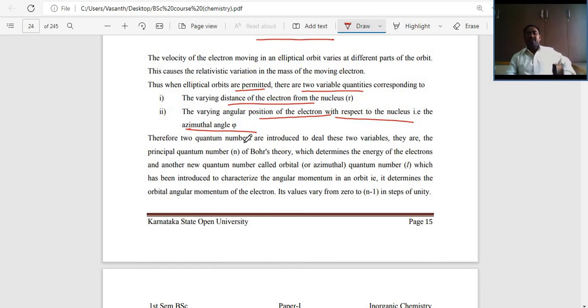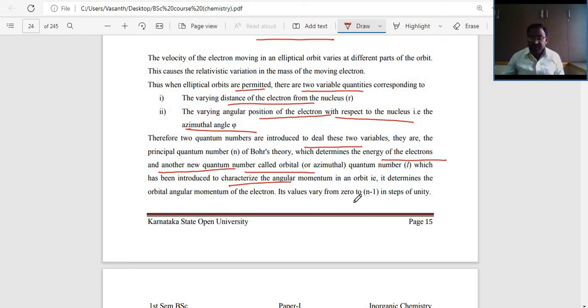Two quantum numbers are introduced to deal with these two variables. They are the principal quantum number of Bohr's theory, which determines the energy of the electron, and another new quantum number called the orbital, simply the azimuthal quantum number or subsidiary quantum number, which has been introduced to characterize the angular momentum of an orbit.